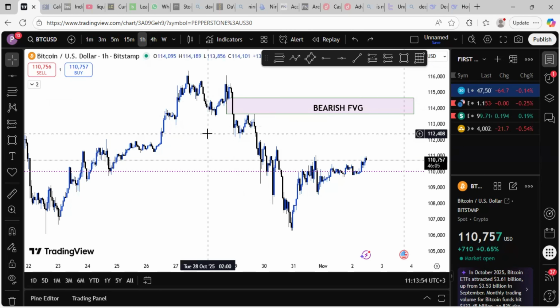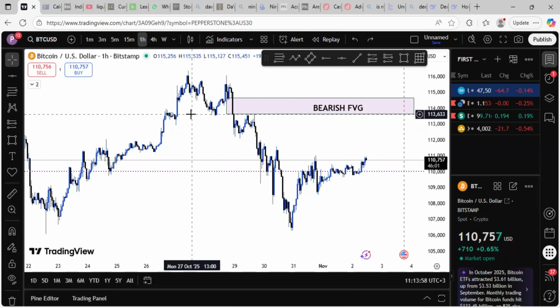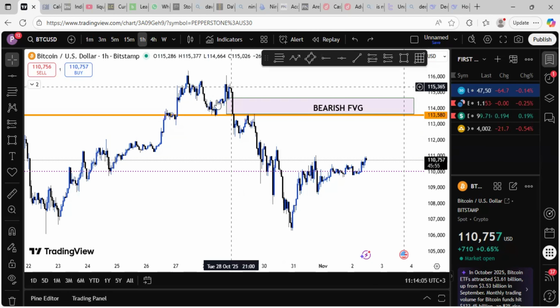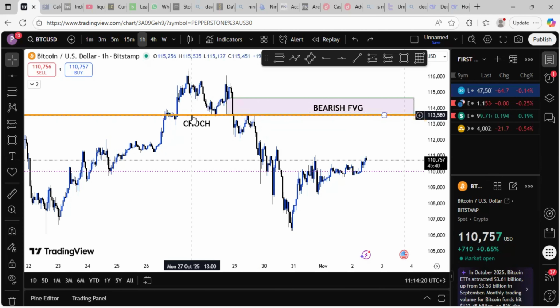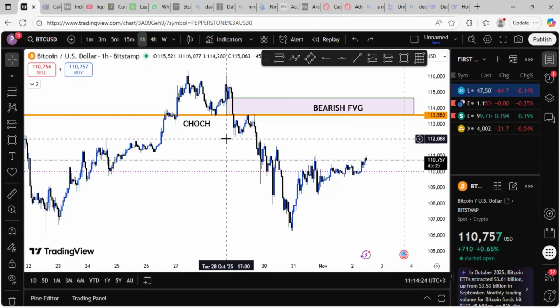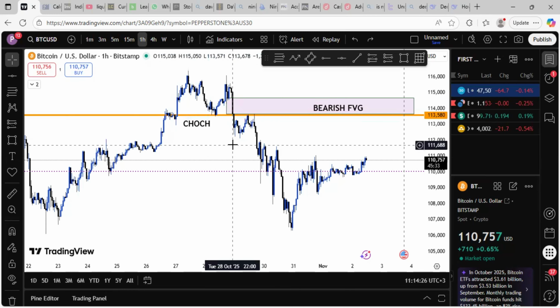And now we have to look for other confluences, like the break of structure or the change of character. So this fair value gap is the one that led to this move that broke our level here and gave us this change of character.